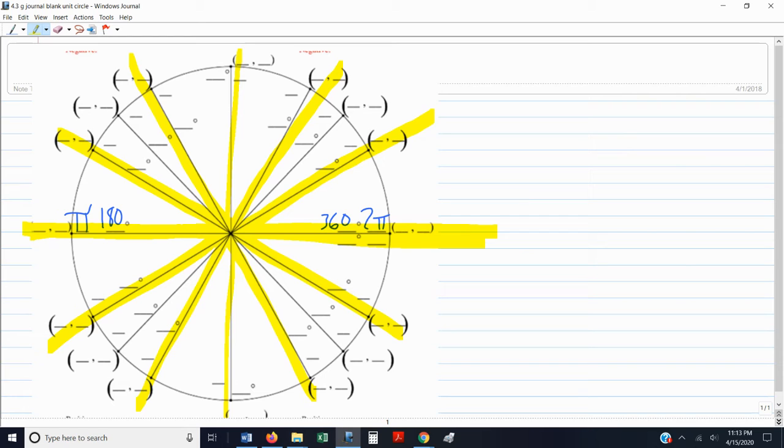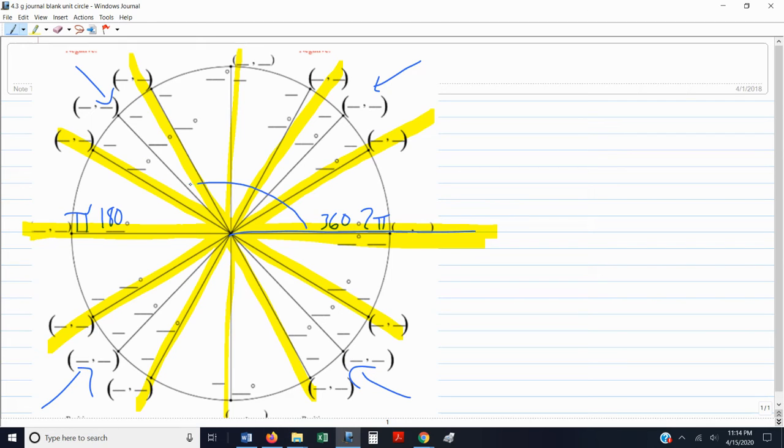So going around by 30 degrees gave us the degrees for every single branch of the unit circle except for those middle branches. So I did not highlight those, but I'm talking about this one, this one, this one, and this one. And what I think is a really great way for filling in the radians of the unit circle is to think about, remember, we're always starting from here.